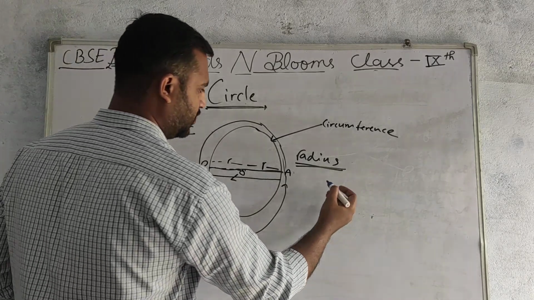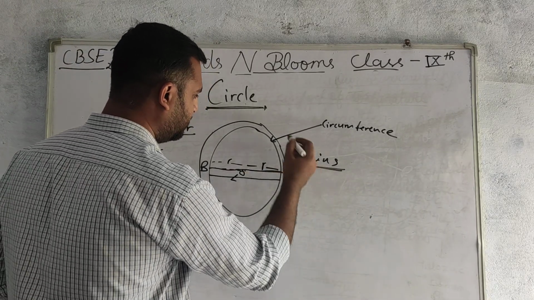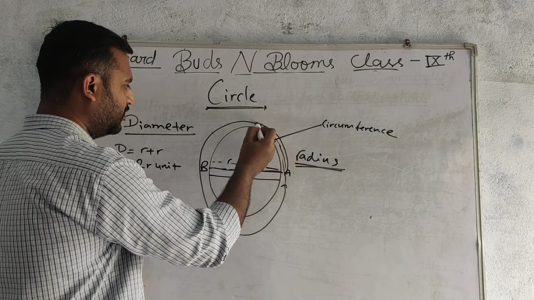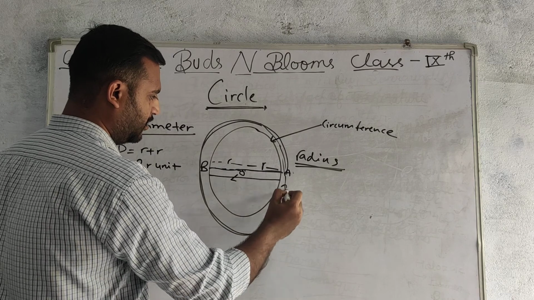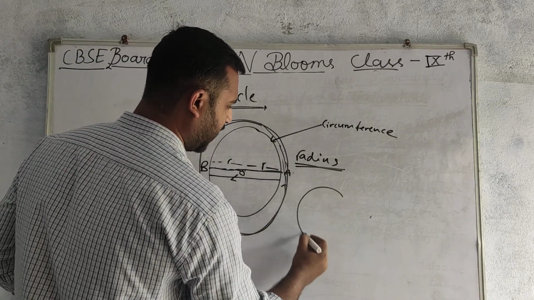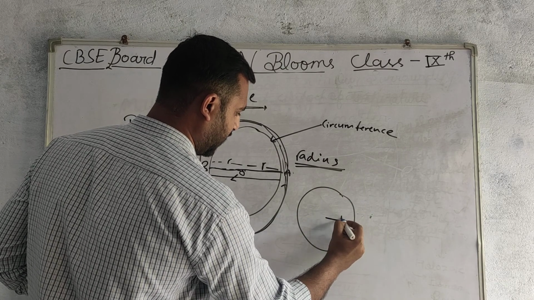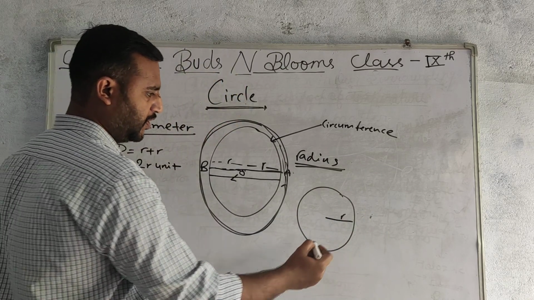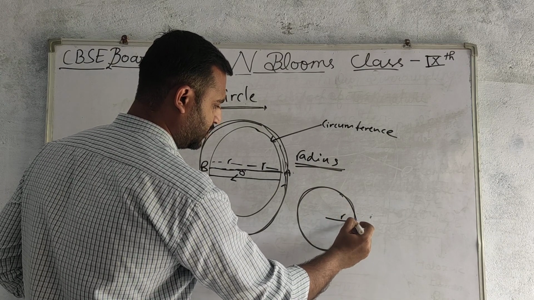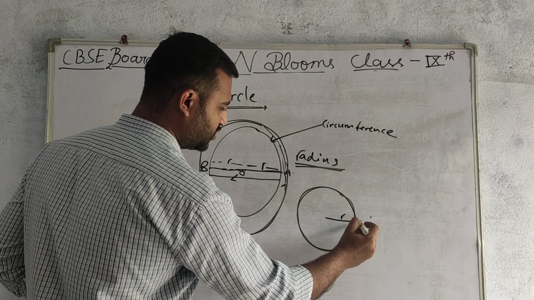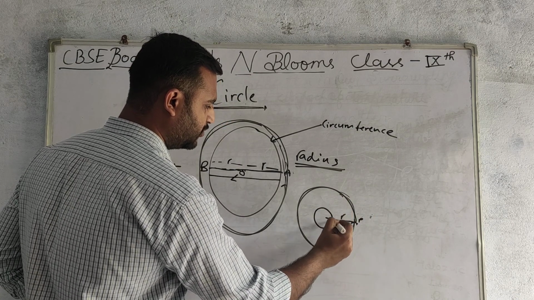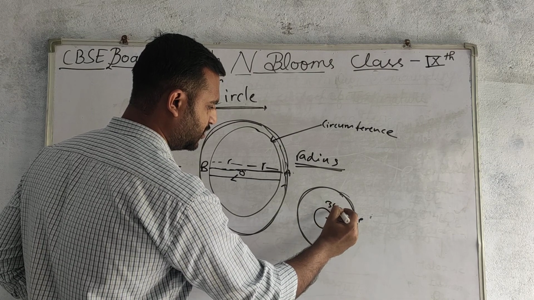So, circumference is that distance which we travel along the circle. So we have r distance, we cover from this point P to again this point P. So we travel through 360 degrees.